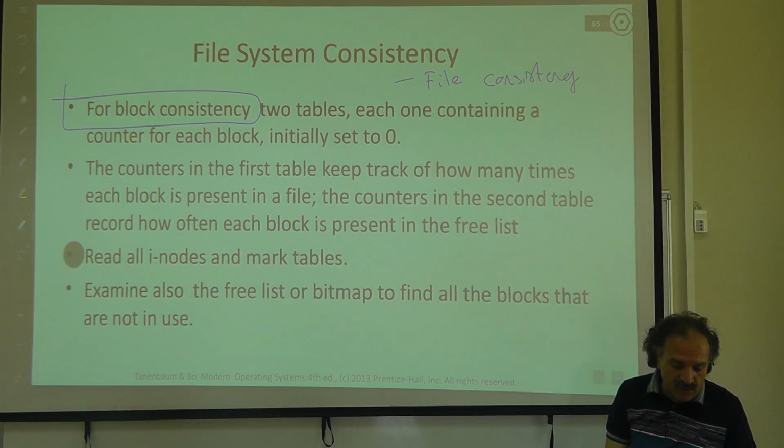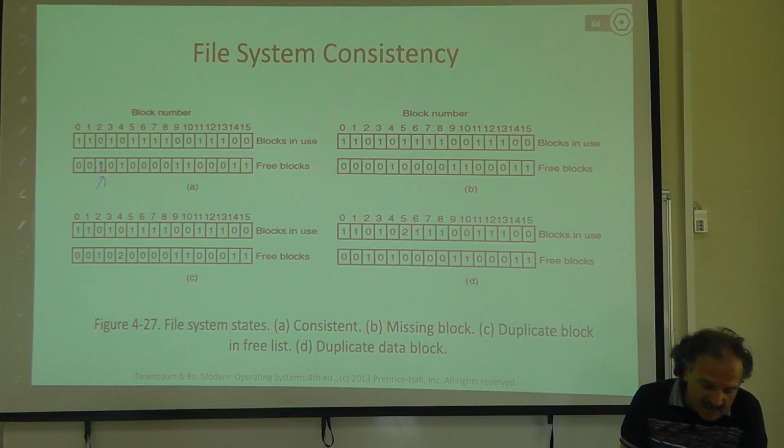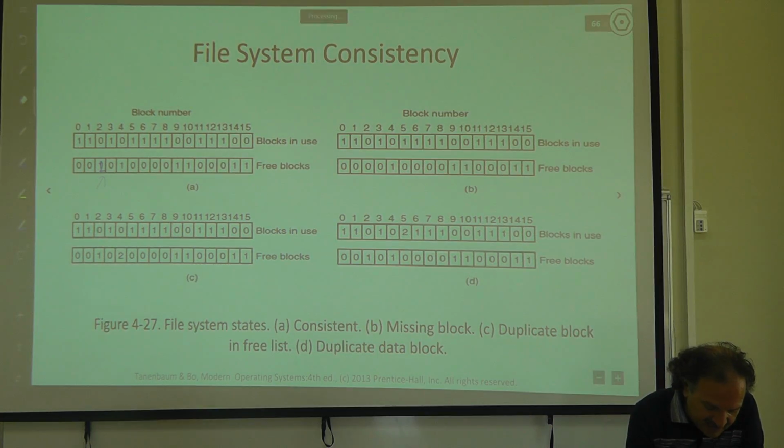So I read all of those inodes. For each block referenced by a file, I increment that number by 1, and I completely fill my first table. Then I do the second table. I examine the free list or bitmap to find all the blocks that are not in use. And I have pictures like this at the end.